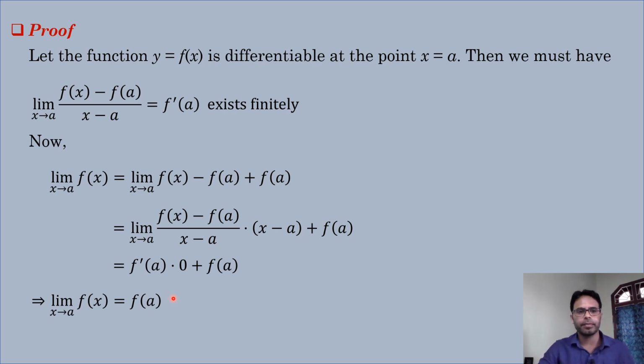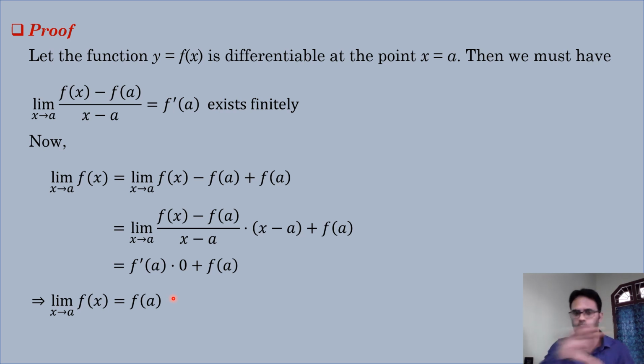Backward part means the converse part. This time we should take a continuous function, and we are to prove that a continuous function may not be differentiable. It may be differentiable but may not be; it is not sure.